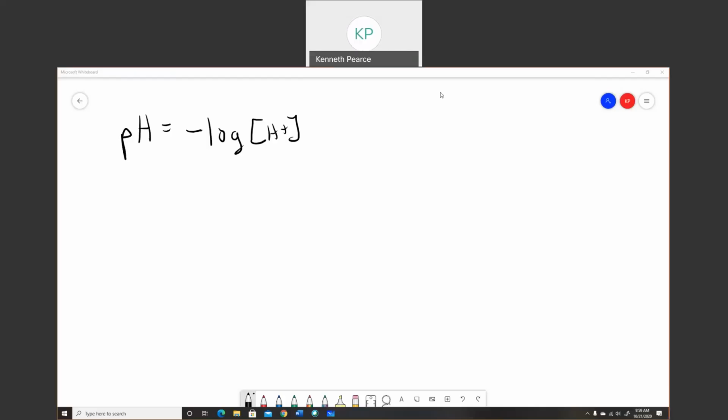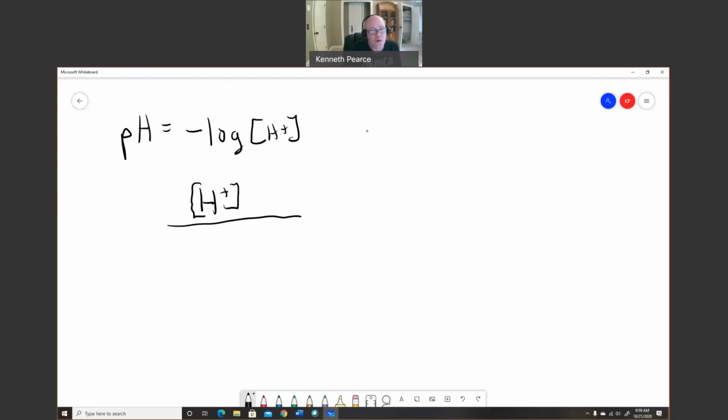One of the skills that we need to do this chapter is to be able to calculate pH and to calculate H plus. The first thing we're going to do is calculate the pH given the H plus concentration. So we have a series of concentrations. Let's say we have H plus, and the concentration is 1.5 times 10 to the minus fourth.